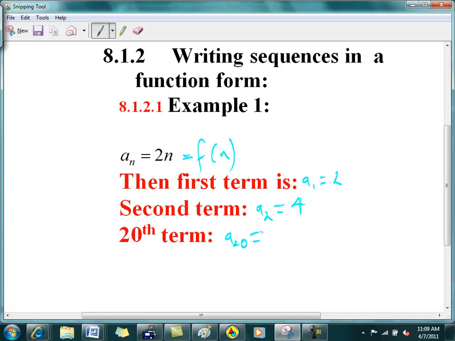Jafar, how about a sub 20? 40. Okay. So evaluating a sequence that is explicitly in functional form is pretty easy. You just plug in the value of n, and you get the number in the sequence.